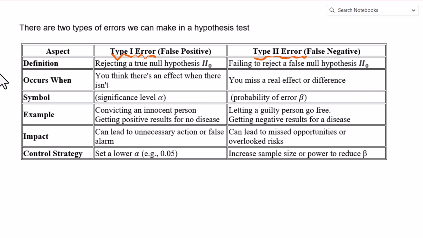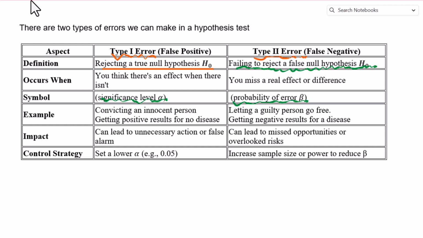Let's compare type 1 error to type 2 error. Type 1 error: rejecting a true H0. Type 2 error: failing to reject a false H0. Symbol: we use significance level alpha for type 1 error, and the probability of error beta for type 2 error.